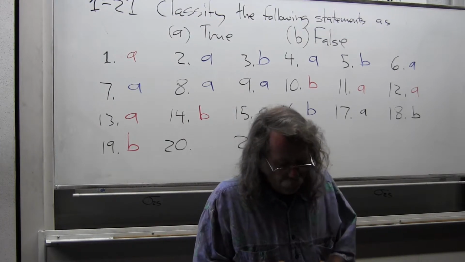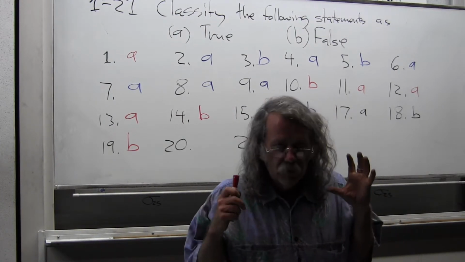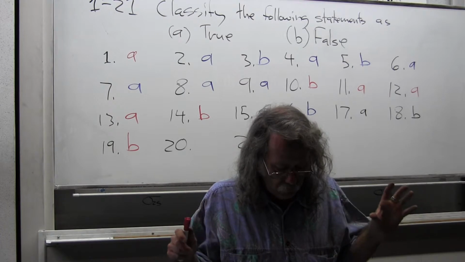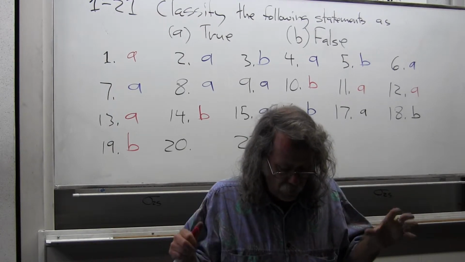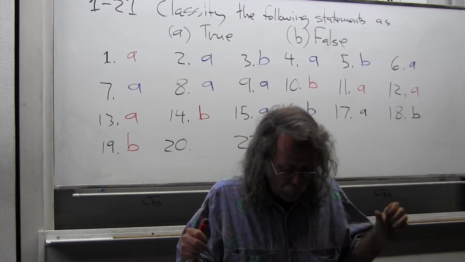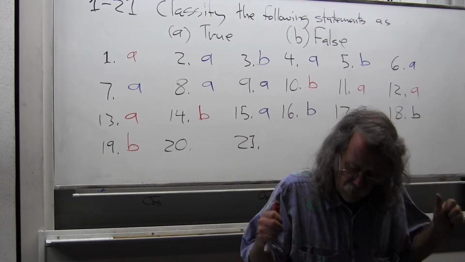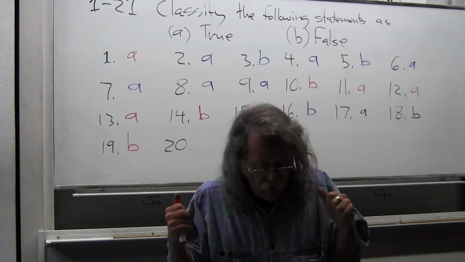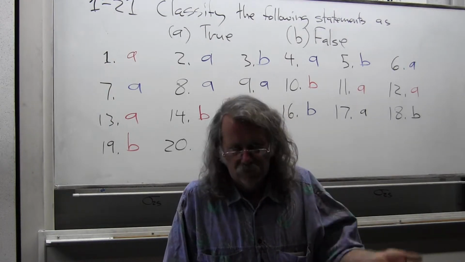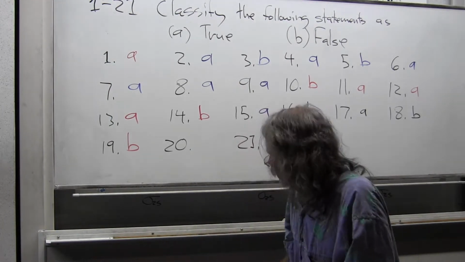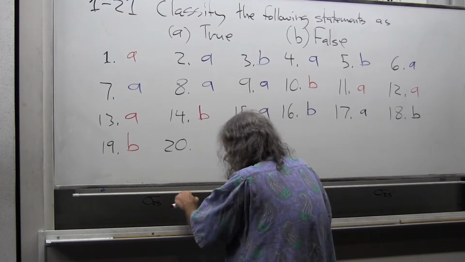Number 20, with the Lewis dot model, electrons are shared in a way that provides a stable closed shell electron configuration for each atom in a molecule. Yes, this is the heart of the Lewis dot.